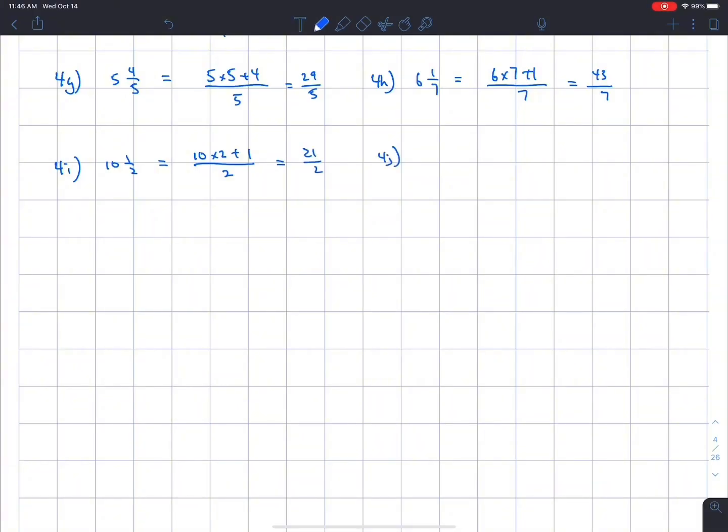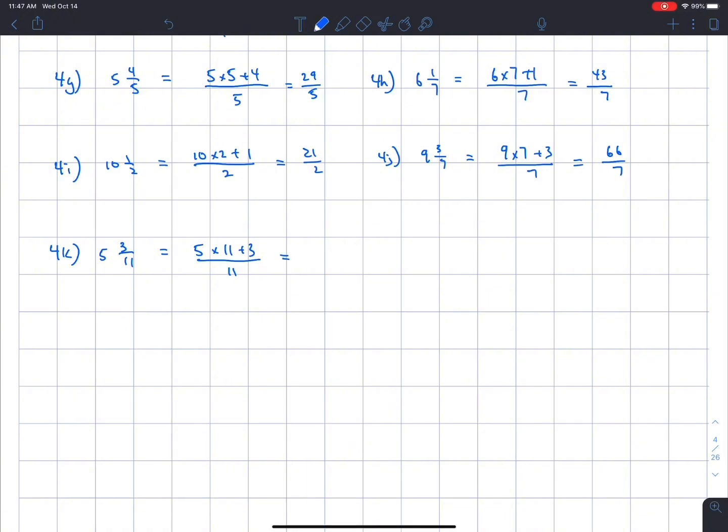For J, 9 and 3 over 7. So 9 whole times 7 little pieces in each whole plus 3 over the denominator 7. 9 times 7 is 63. 63 plus 3 is 66. 66 over 7. For K, 5 and 3 over 11. We have 5 whole times 11 little pieces in each whole plus 3 over the denominator 11.